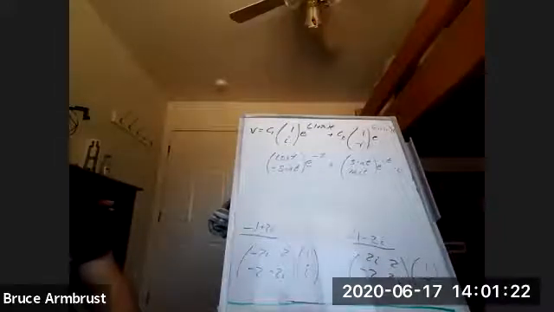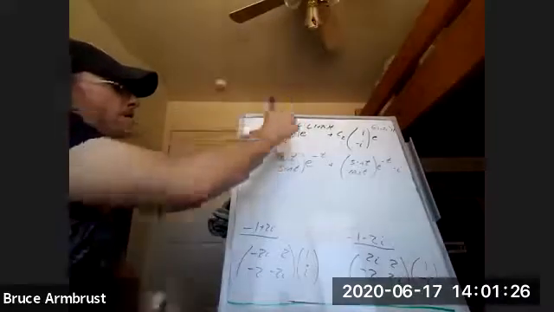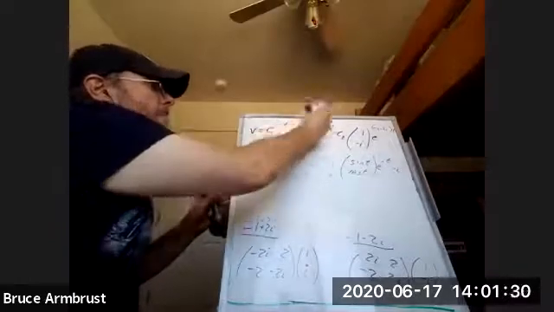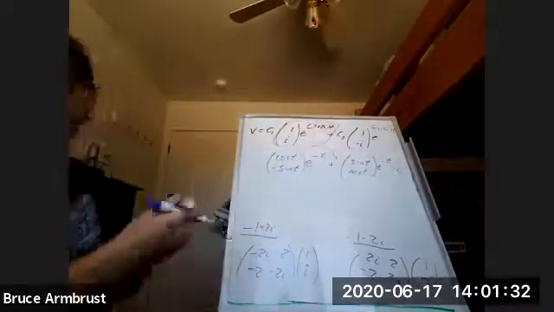So this is the piece that you actually get for the first one, the 1, i, gives you this.